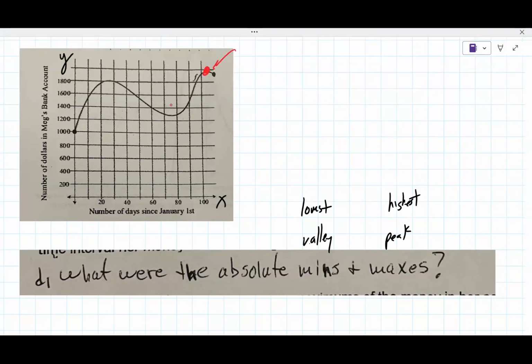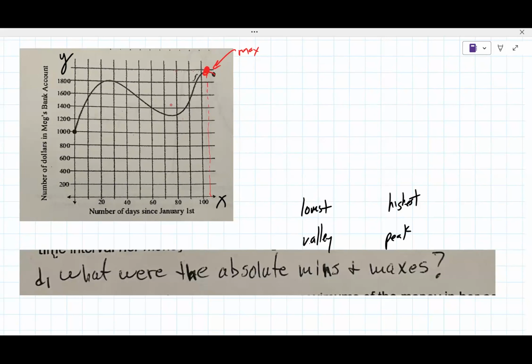You see that line right there, which is going forward and going down lower. What is the x value there? 105. Okay, so that's where it is.